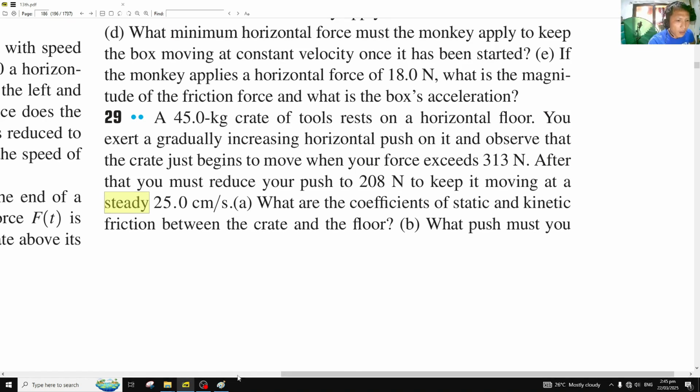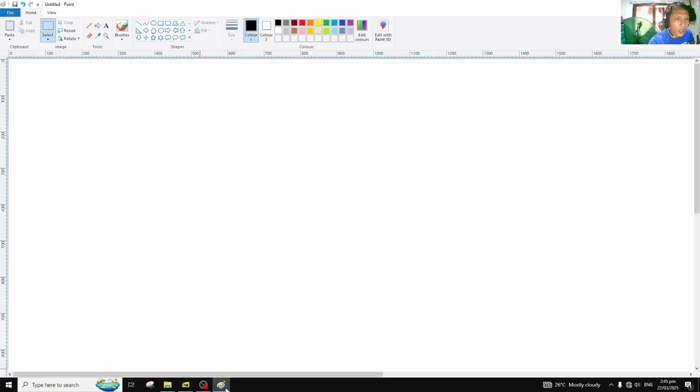Okay? So, may I draw the problem first? A 45 kilogram crate. I think it looks like this, like a basket crate.